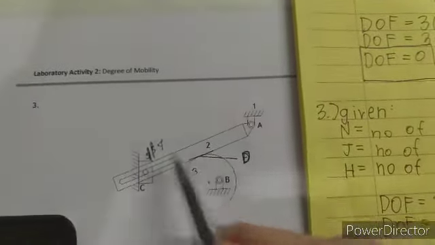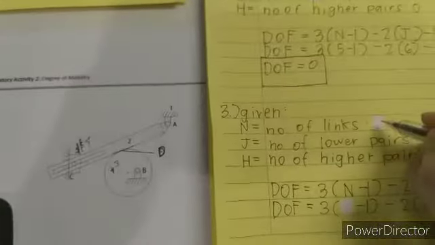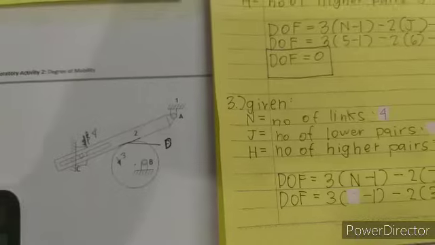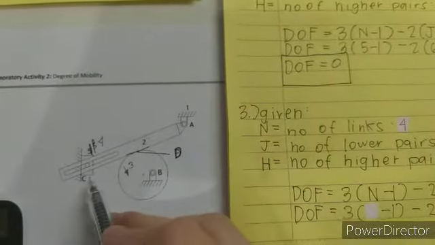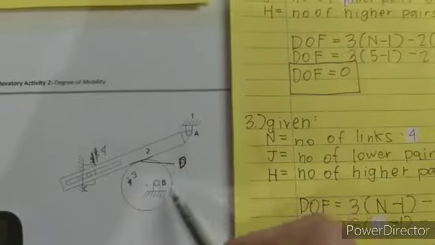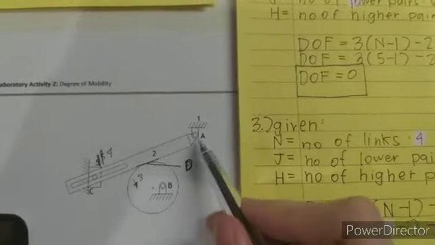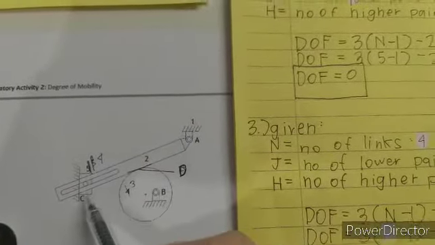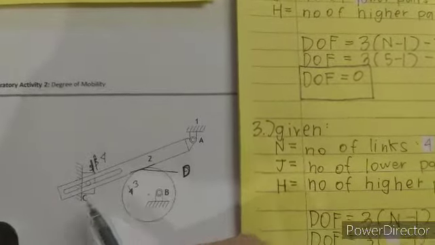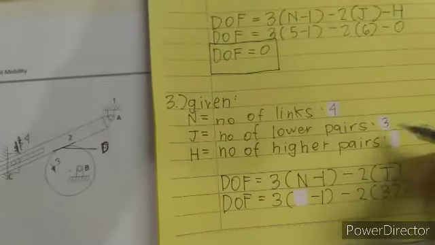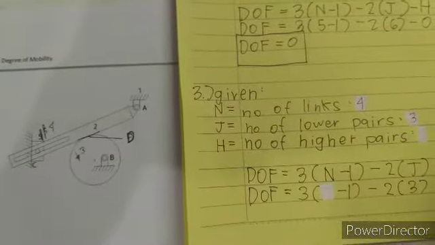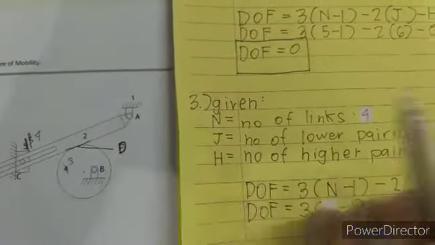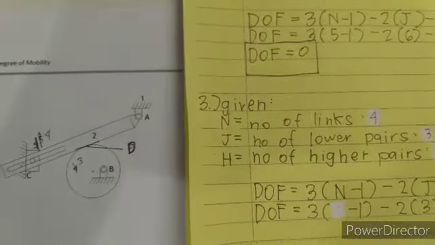So counting the number of links, we have 4 links. And counting the number of lower pairs, we have 3, being that two of these lower pairs are revolute pairs, and that the third pair would be a prismatic pair. So we have 3 lower pairs. Finally, counting the number of higher pairs, we have a singular higher pair which we label D, 1.